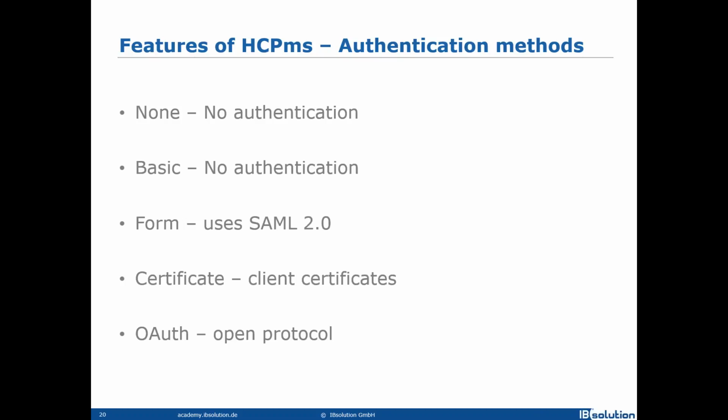If you choose the basic one, the user should enter his credentials, a username and password. The form uses SAML 2.0, which is also provided by the HANA Cloud Platform itself, and by default uses SAP ID service to authenticate users against SAP user accounts and even SCN accounts.